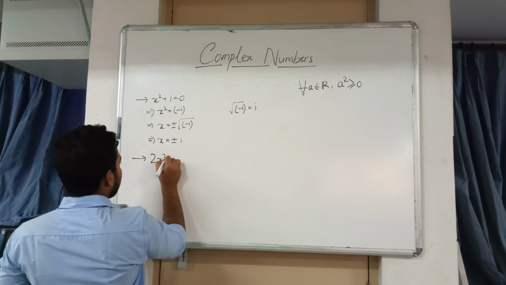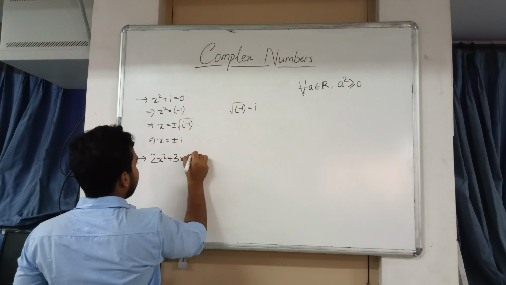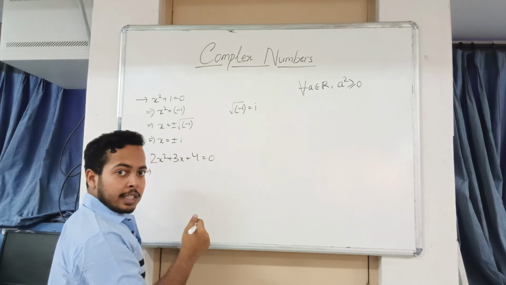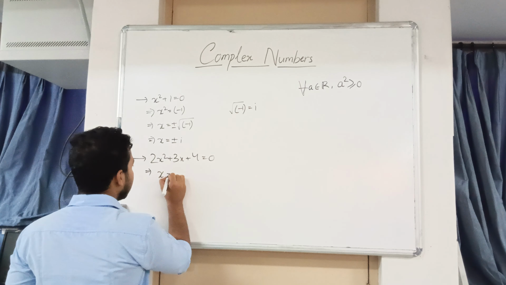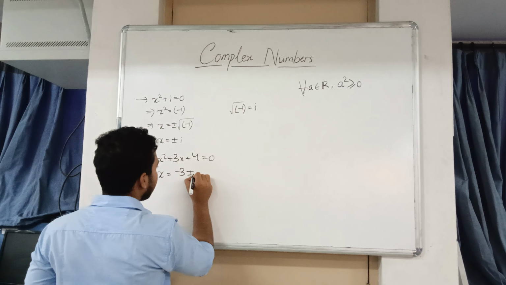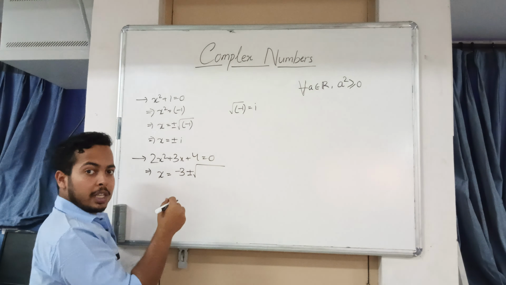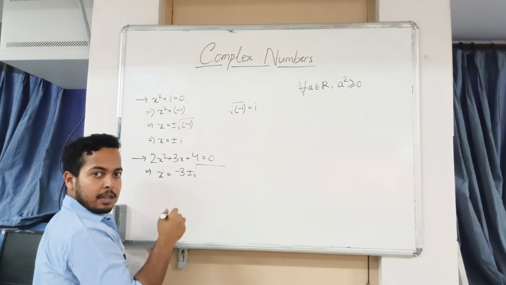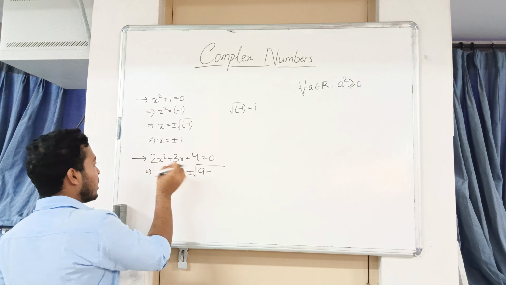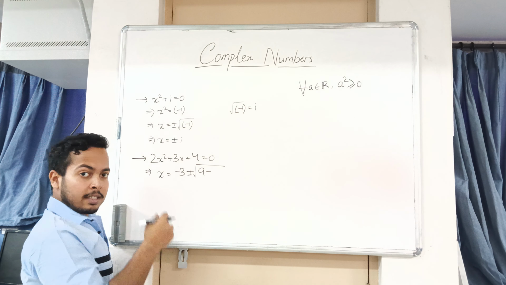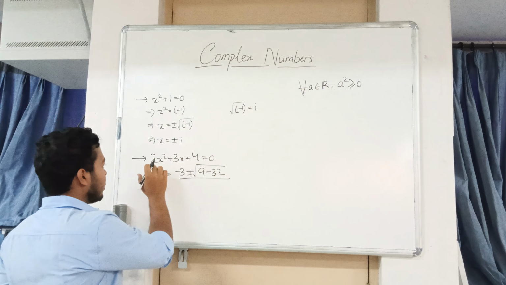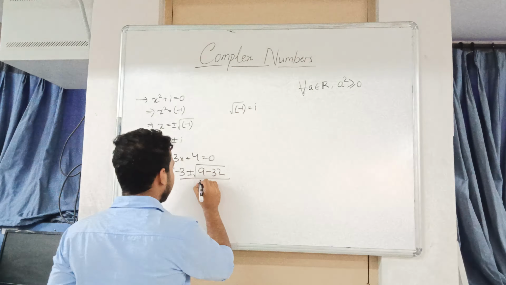Suppose 2x square plus 3x plus 4 is equal to 0. Then by using Sridharacharya's formula, I can write x equals minus b, that is minus 3, plus minus root under b square, that is 3 square is equal to 9, minus 4ac, that is 4 times 2 times 4, that is 32, divided by 2a, that is 2 into 2 is equal to 4.